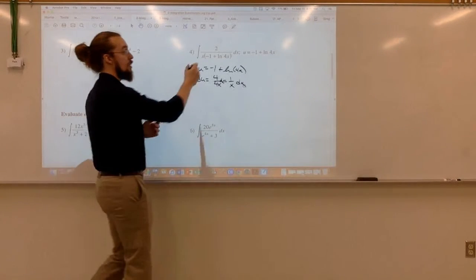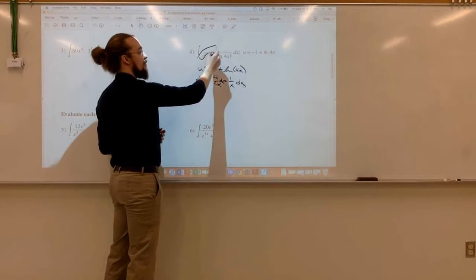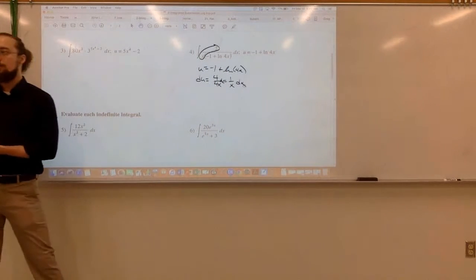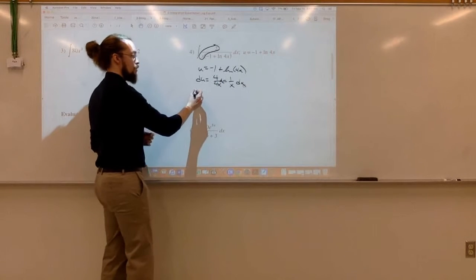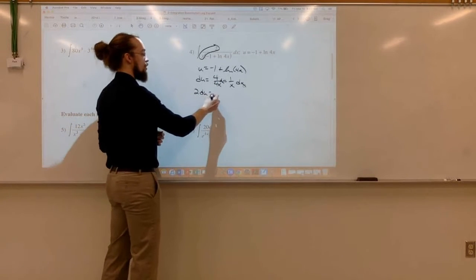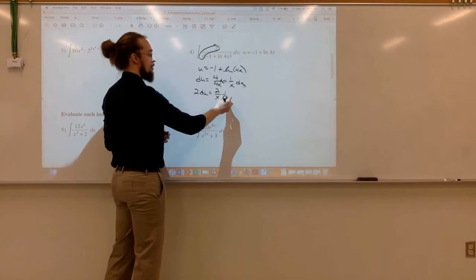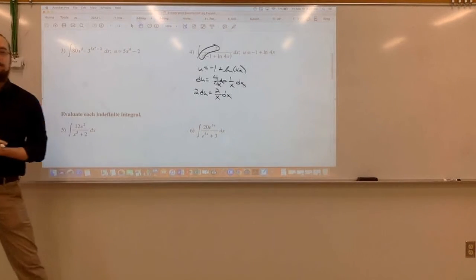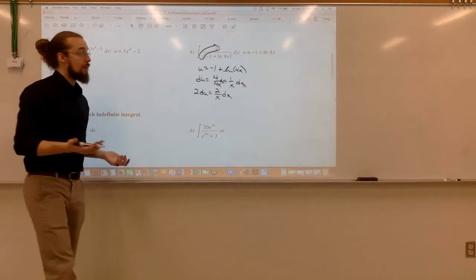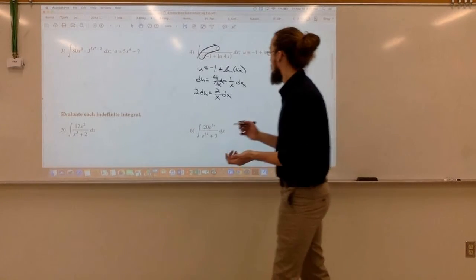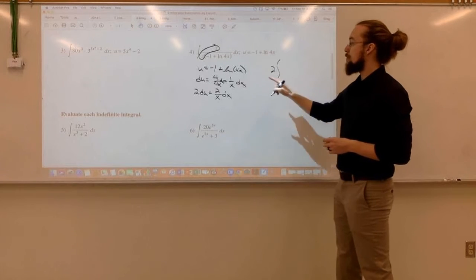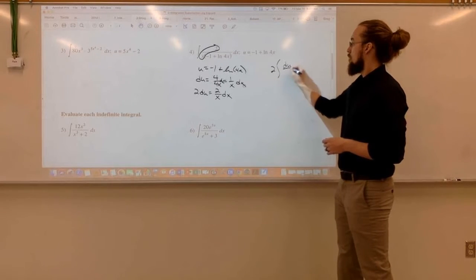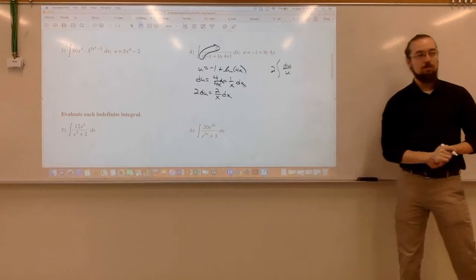Right, but if we look at what we have, 2 over x, right? So I would want to multiply both sides of this by 2. So I would end up with 2 du equals 2 over x dx. So now I can do my u substitution and say this would actually just be 2 times du over u.